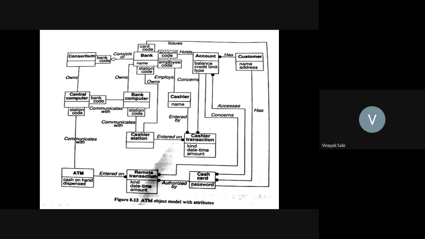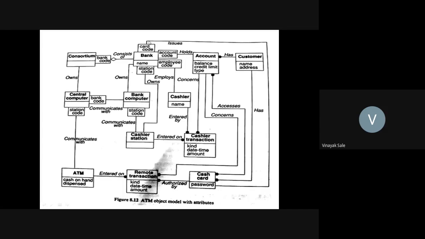Each account code has accounts, different types of accounts. In each account there is balance, credit limit, and type of account, and each account has a customer with the name, address, that is its KYC.